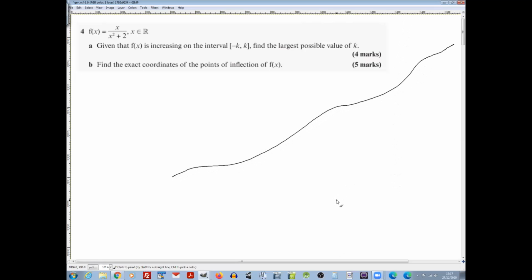What can we say about the gradient, which is going to be changing all the time? The gradient of that tangent won't be the same as the gradient of another tangent somewhere else. There'll be different tangents, but they will all be what? Positive. Yeah, positive.